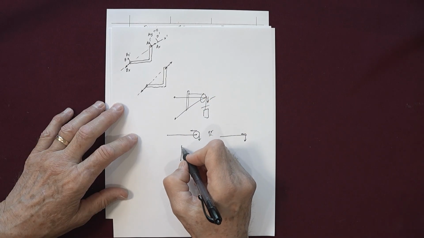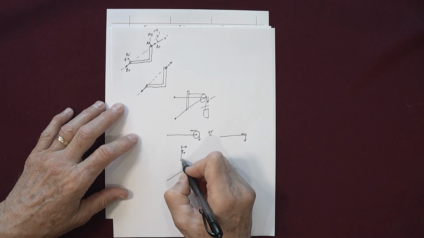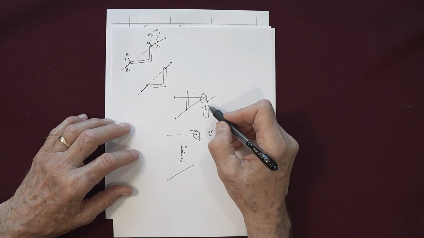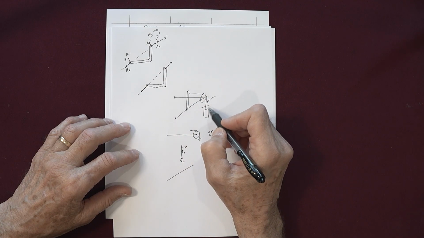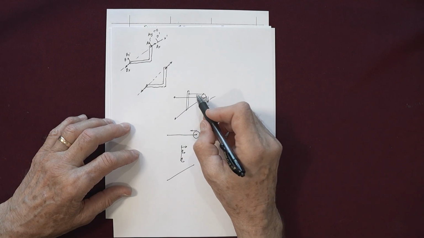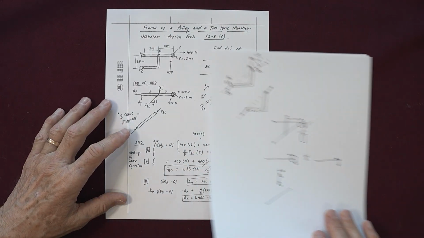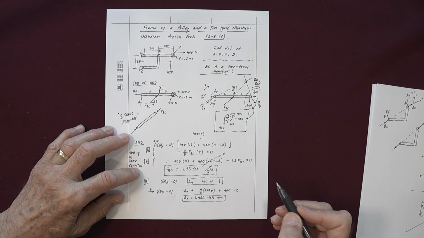And then we have the vertical member, cable, reactions, and so on. So if we cut the cable, put a force there. If we don't cut the cable to make the free body diagram, then you have to leave the cable uncut. It's one of our rules of frames. So this is FBC.